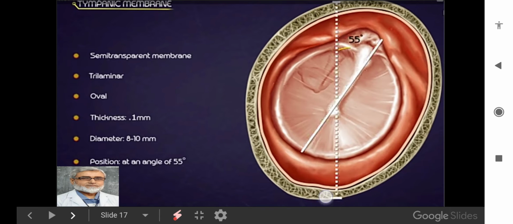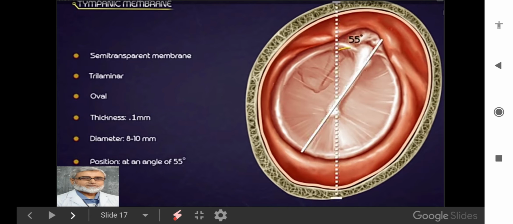This is the bony part here. So it is a semi-transparent membrane, trilaminar and oval in shape. See the oval shape of your tympanic membrane, and thickness is approximately 0.1 mm.